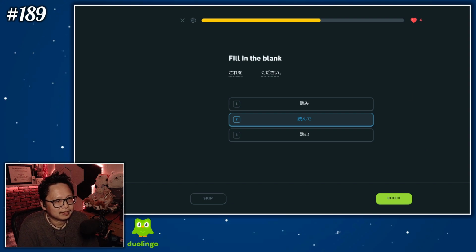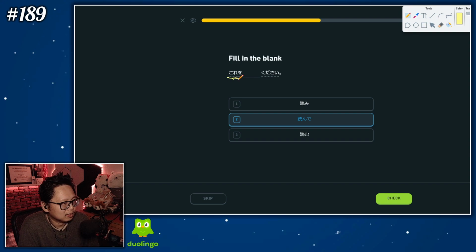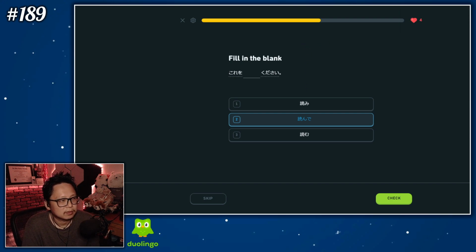That might be a slight grammar point too, actually. Instead of doing like この読んでください, it's これを読んでください. Alright.